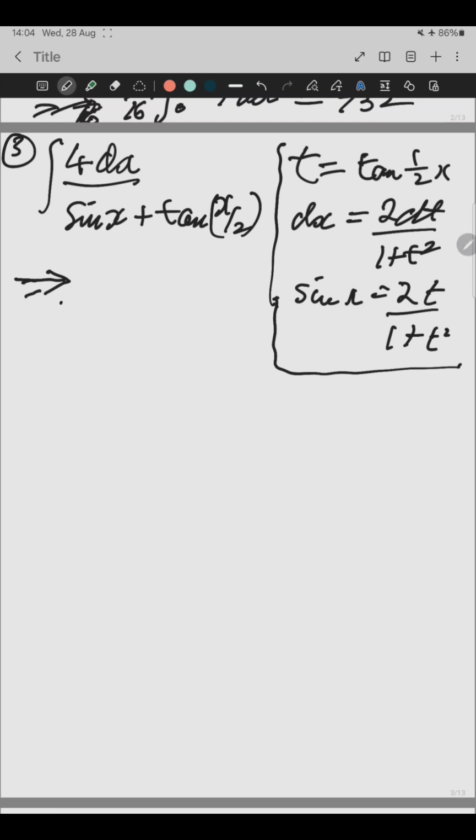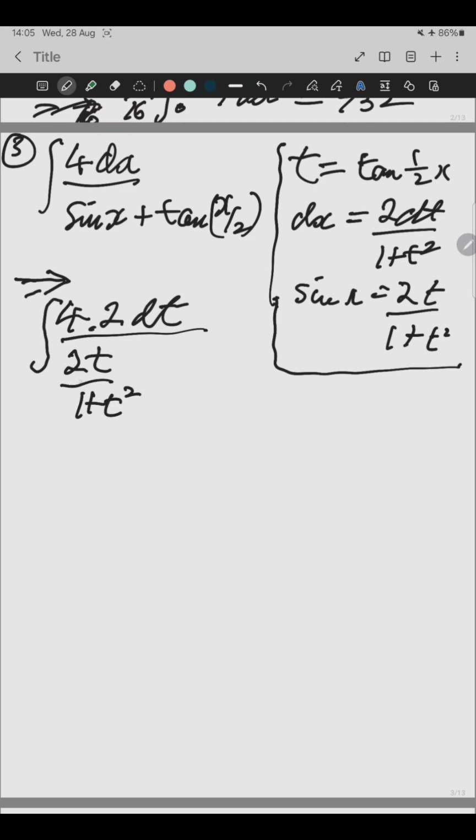So what does that become? That becomes 4 times 2 dt over 2t over 1 plus t squared, that's the sine bit, plus t, times 1 plus t squared.